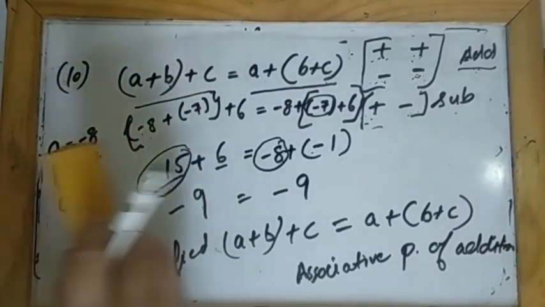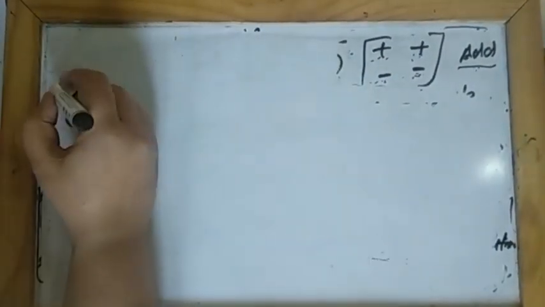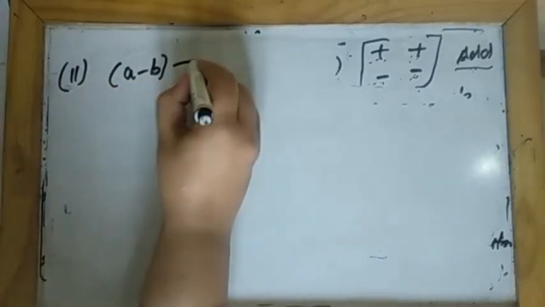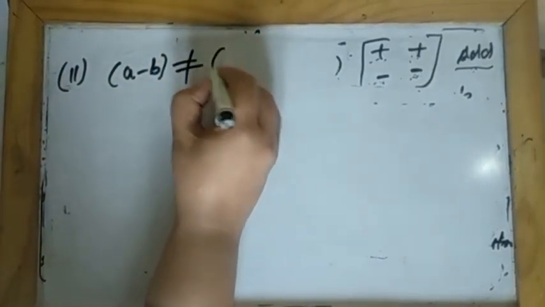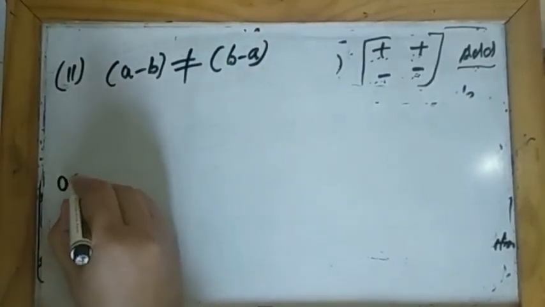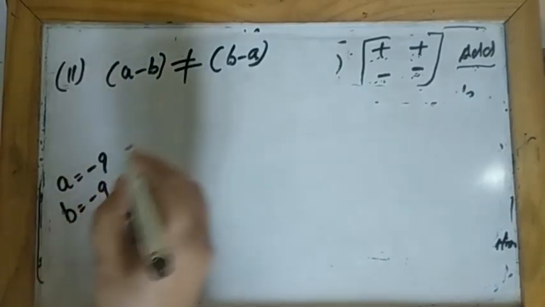Now I come to the 11th question. Now they are saying A minus B is not equal to B minus A. I have to verify this. I have to show this. Now this is which property?